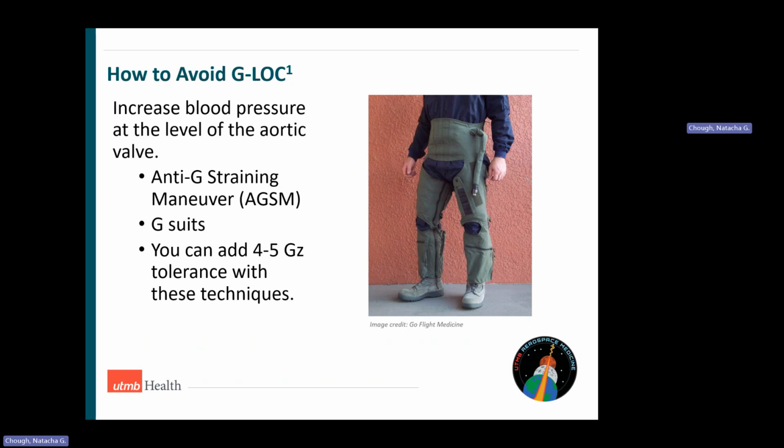When both an effective anti-G straining maneuver and a G-suit are used, the G tolerance of a pilot can be increased by about 4 to 5 Gs. Resting G tolerance in a healthy military aviator is approximately 5 Gs. So in total, with the use of the G-suit and an anti-G straining maneuver, military aviators can achieve about a 10 G tolerance.